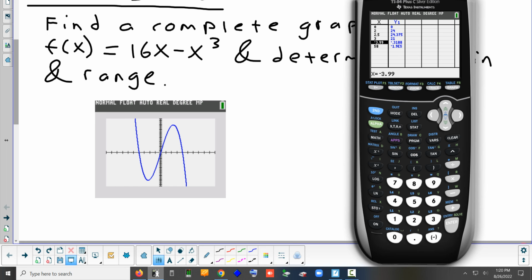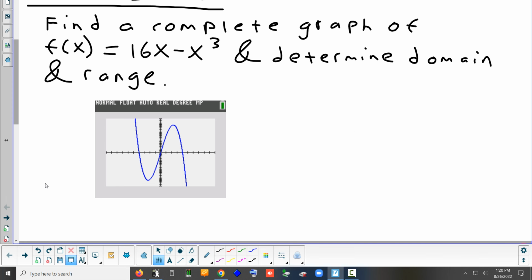So now, domain and range. What numbers could you plug in for x in that formula? And remember the 2 things that can happen that you don't want to happen. Yeah, you can plug anything you want in.